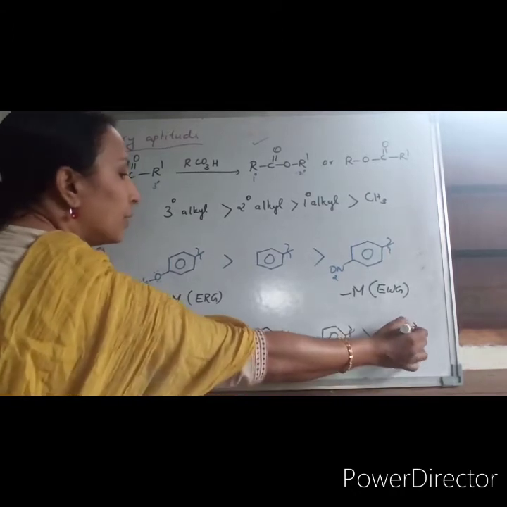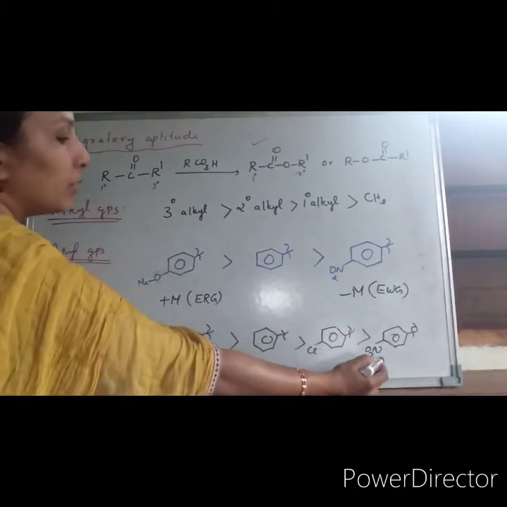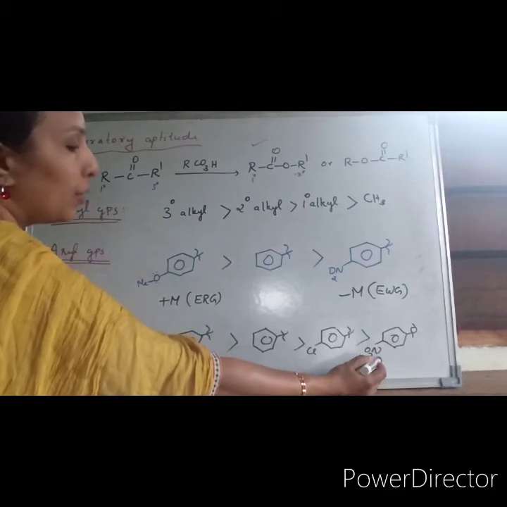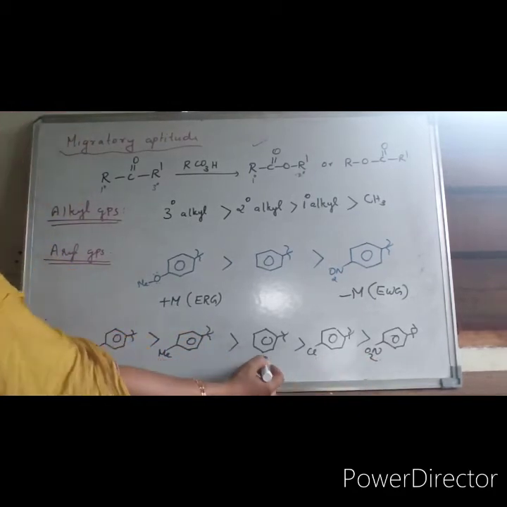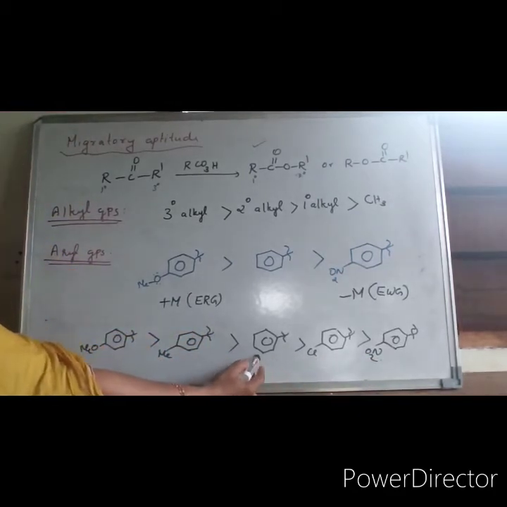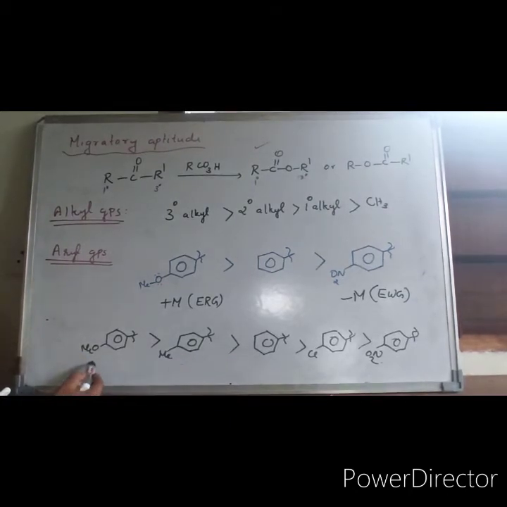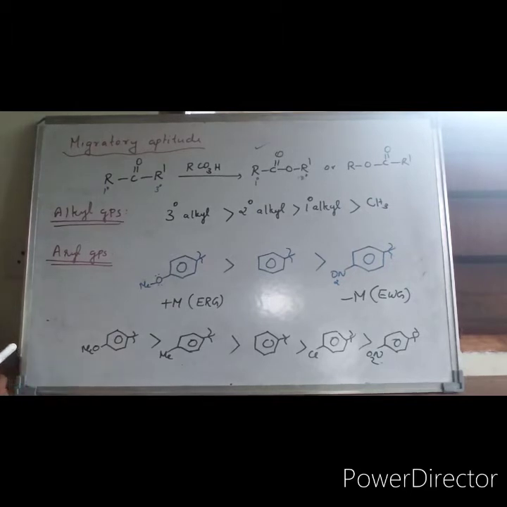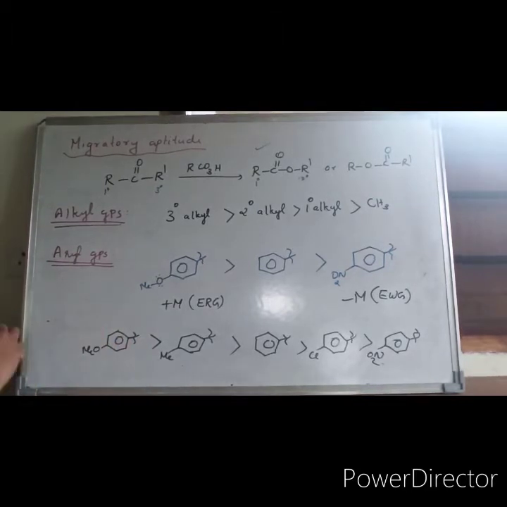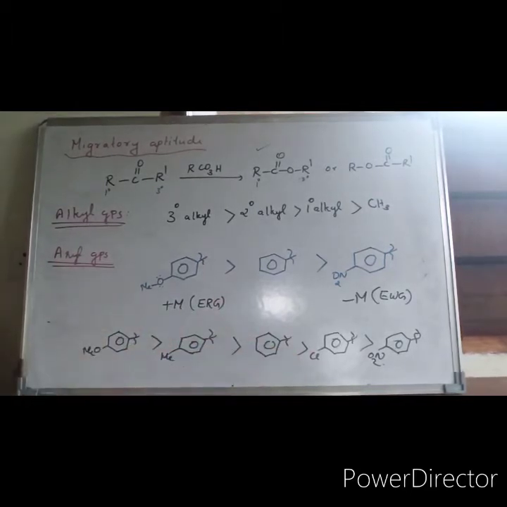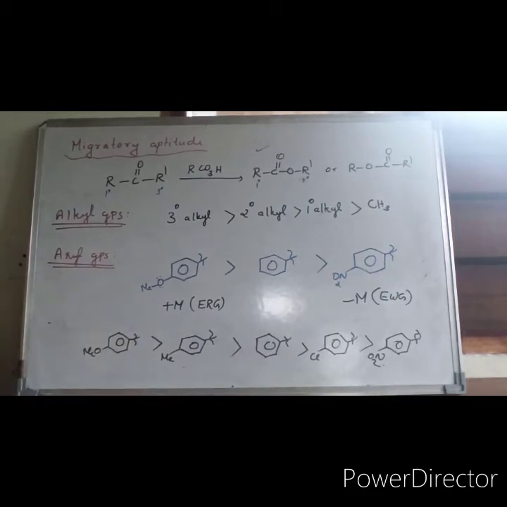That depends upon the electron withdrawing ability. This has greater electron withdrawing ability. Then comes this, which has no plus M and minus M effect. This has plus M. This has plus M. So this is the decreasing order of migratory aptitude among the aryl groups.